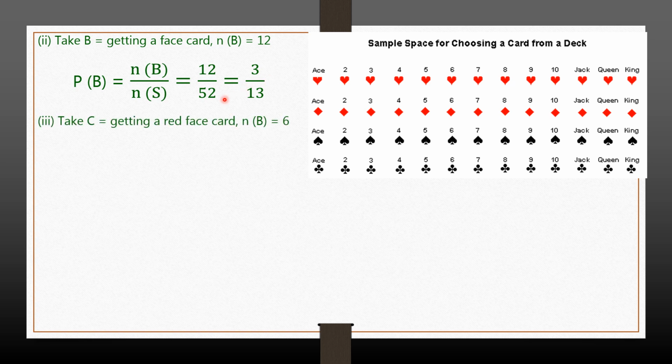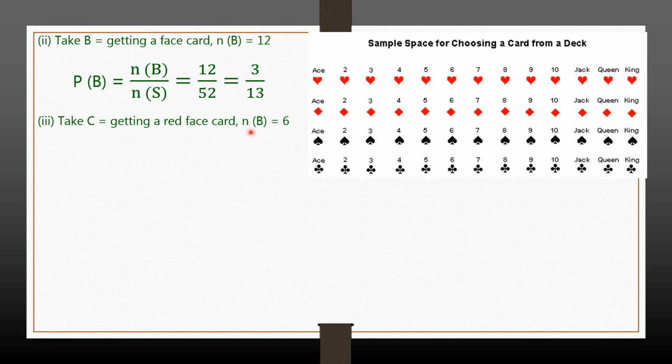Now, next, getting a red face card. Let me take this event as C. Therefore, take C is equal to getting a red face card. Now, total face cards are 12. We know jacks, queens, and kings are called face cards. But he is telling red face card. Now, in the face cards, only 6 are in red color. That's why favorable outcomes to C are only 6 cards.